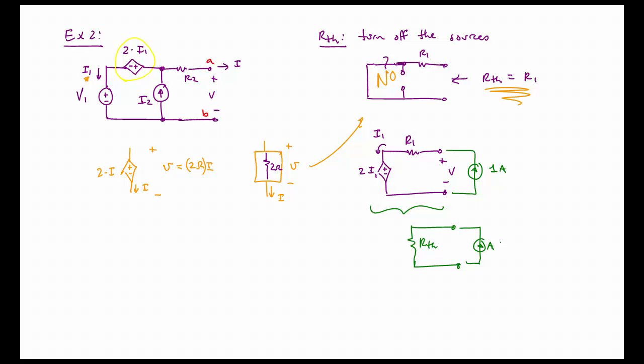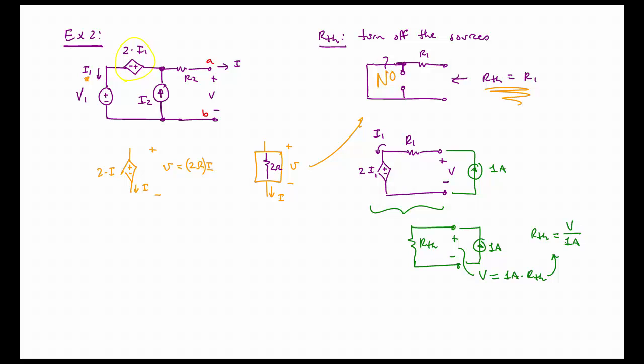Remember, we have our independent sources turned off. So if I apply 1 amp to my R Thevenin, then the voltage I should measure here would be equal to 1 amp times R Thevenin. In other words, R Thevenin can be found by simply taking the voltage that we measure when we apply 1 amp and divide it by 1 amp.